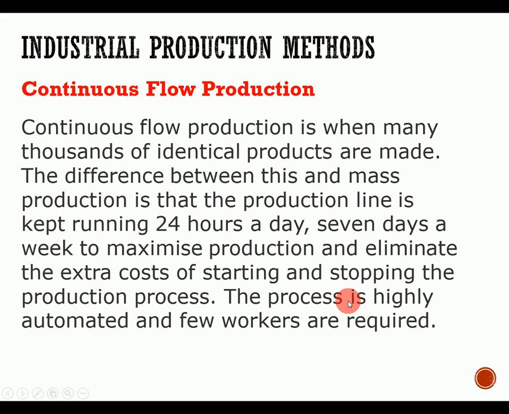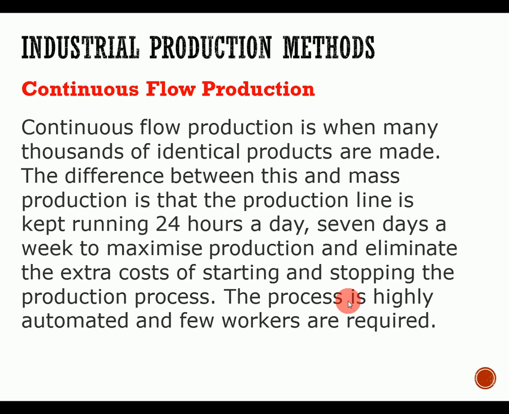The last method of production we're looking at is continuous flow production. You need to know about this. This is where thousands or often millions of identical products are made, and the difference between this and mass production is that because of the cost of setting up the production line, it is kept running 24 hours a day, 7 days a week to maximize the production and maximize the returns on the expensive machinery that's set up.